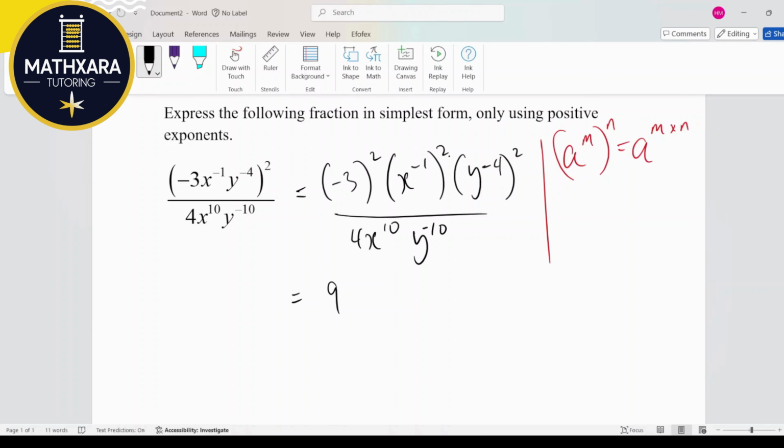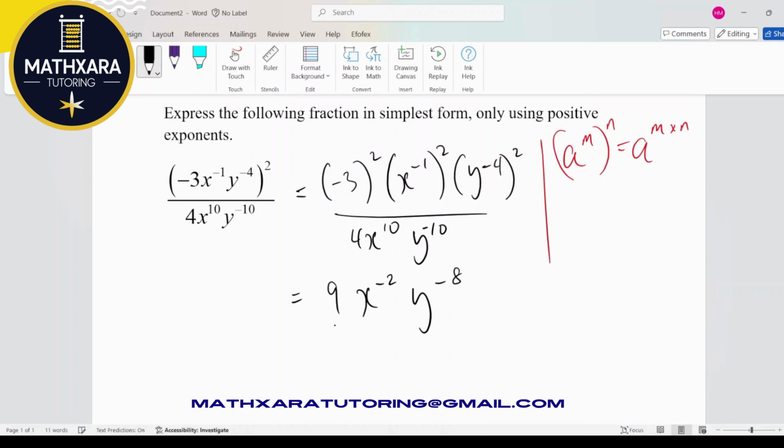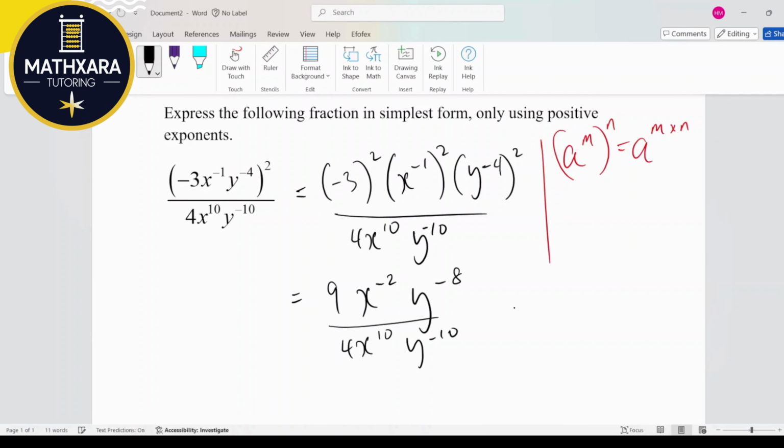X to the negative 1 squared would be x to the negative 1 times positive 2, which would be negative 2. Y to the negative 4 squared would be negative 4 times 2, which is negative 8. Again, we will rewrite our denominator, and we'll move on to simplify this using another law.